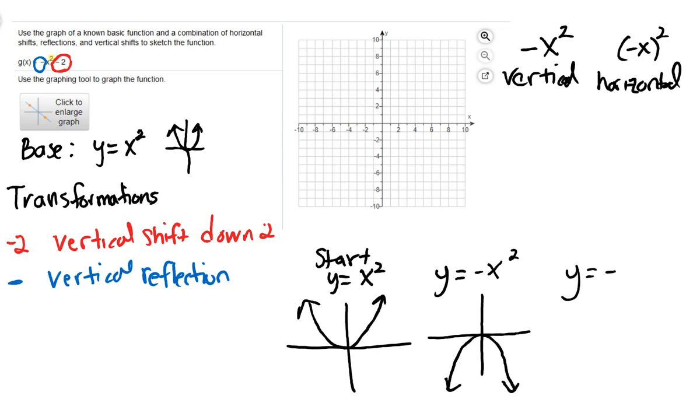And then if I throw in the last transformation, which is the -2, that is going to shift all the points down too. So instead of crossing at the origin, I'll cross at -2. So we get this picture here. So I'm going to draw the final graph here on the grid. It will look like this.